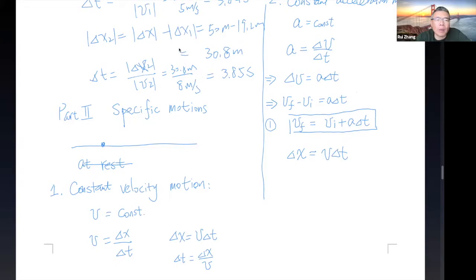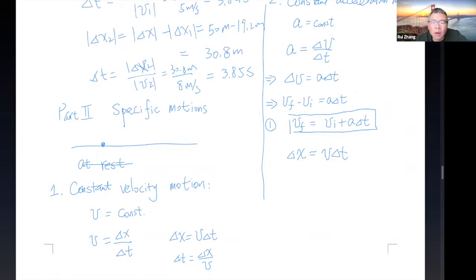We cannot. Why? Think about it. Let's say you want to calculate displacement. Now the question is, what v should we put here? Remember, v keeps changing. v is not constant, v is changing all the time. So what v should you plug in here? That's not clear at all.